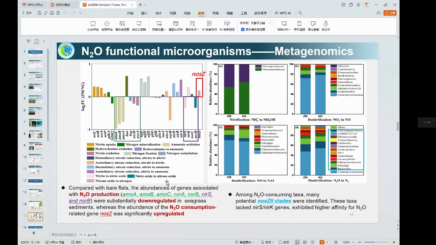This can explain the lower N2O concentration in seagrass seawater at the molecular level. Further, we found that nosZ-containing microbes may be the main conductors of N2O consumption in the seagrass sediments.